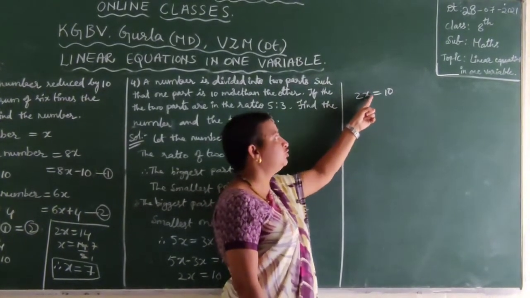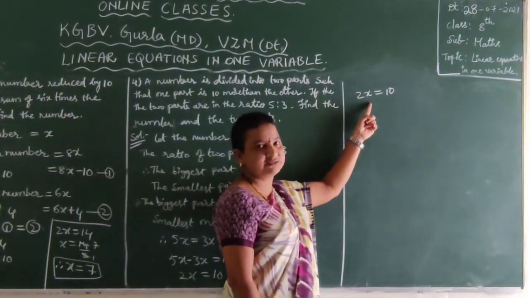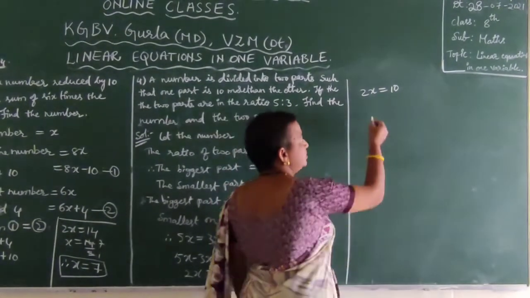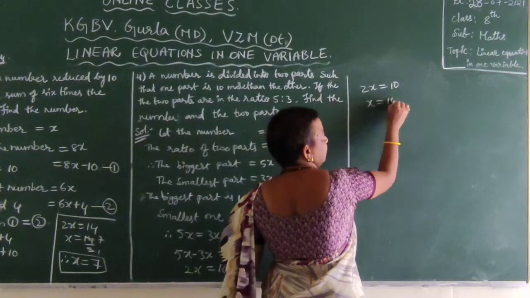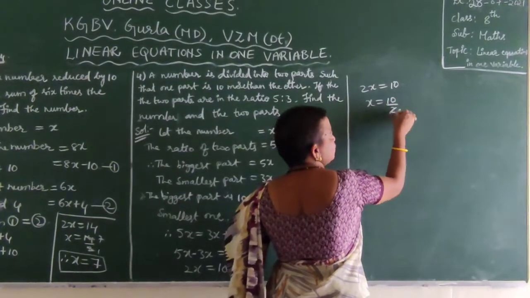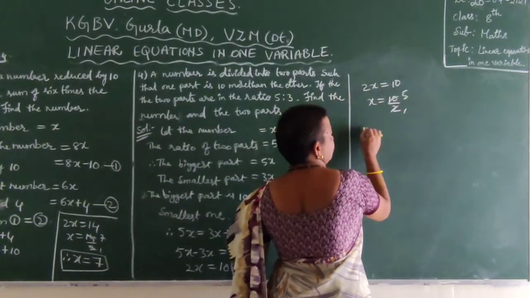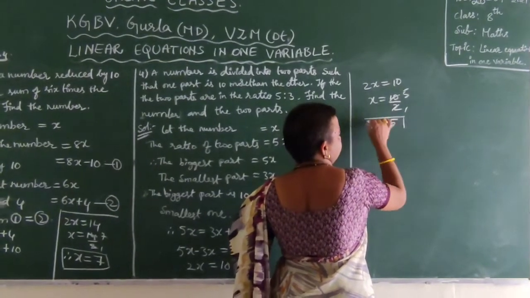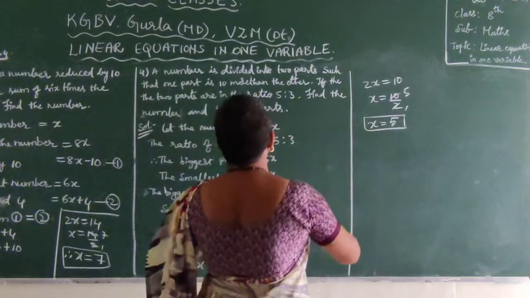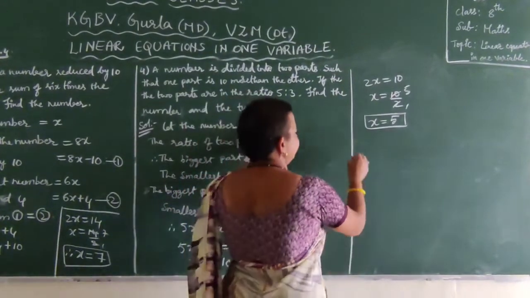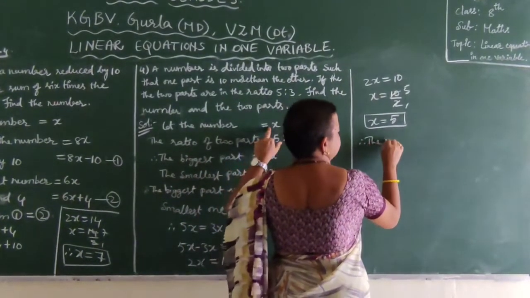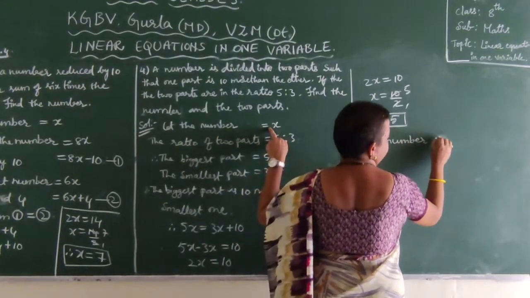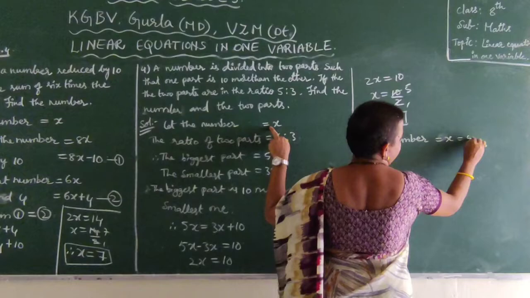So we want to know the value of variable x. So you have to transpose 2 to RHS. So x is equal to 10 by 2. That means 2 fives are 10. So the value of variable x is equal to 5. x means what? The number. Therefore, the number is equal to x is equal to 5.